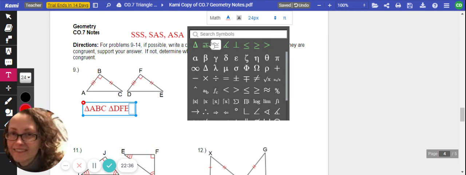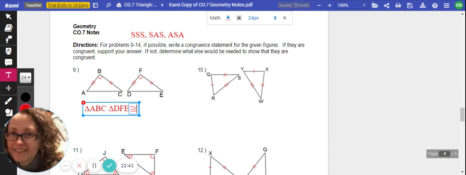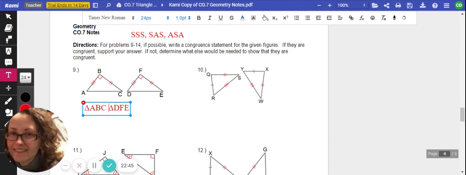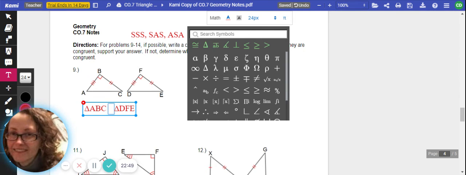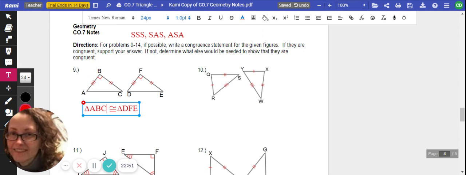And that is my congruence statement. I used order, which was important. Oh, I put that congruent sign in the wrong spot. It was really important that I kept the correct order for the letters.